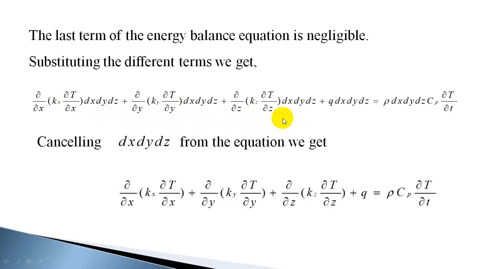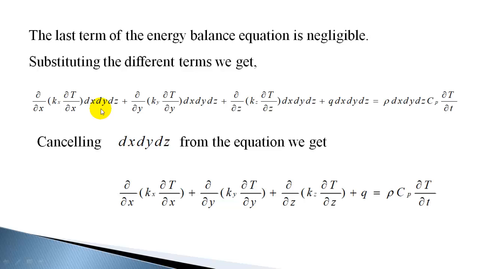Adding all that will give the first term, plus the second term is heat generated per unit time within the element. Use the rate of heat generation per unit volume, multiply by volume, and you get the rate of heat generation within the element, and this is the rate of change of internal energy of the element.